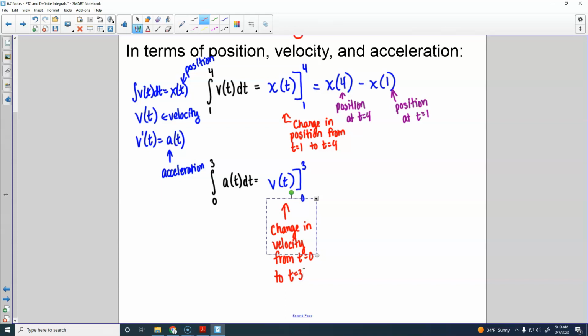And if I want to know the change in velocity, I just need to take my velocity at 3 and subtract my velocity at 0. So integrating just takes you up a notch on the equations, and then you're doing end point minus the starting point.